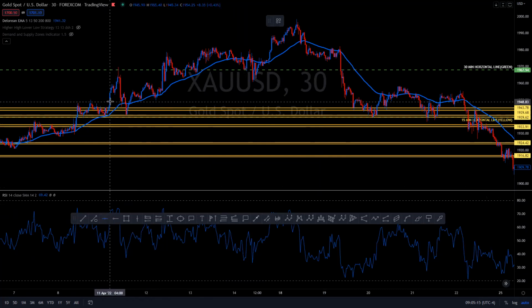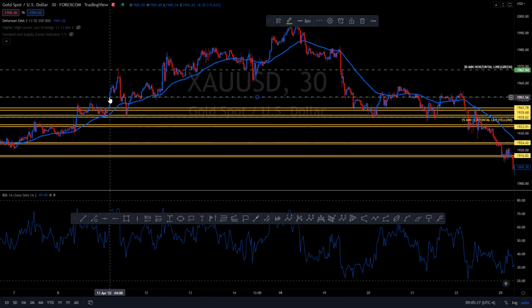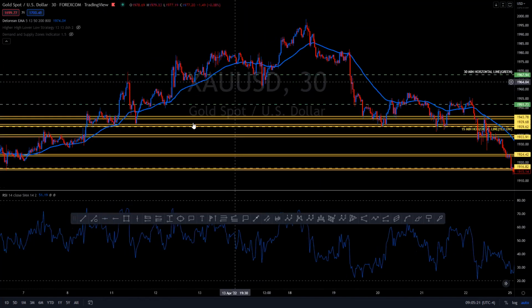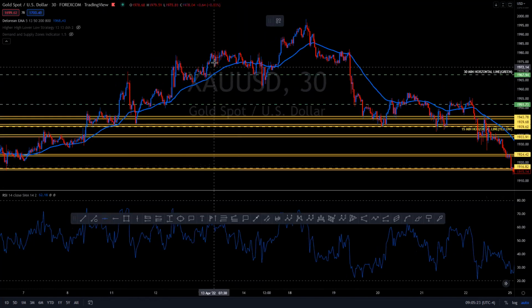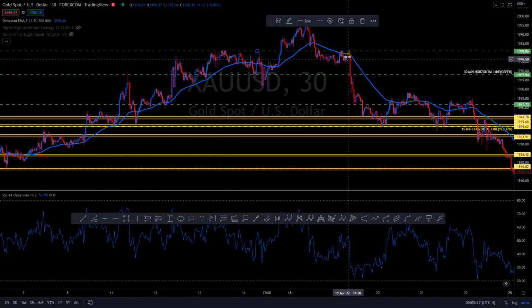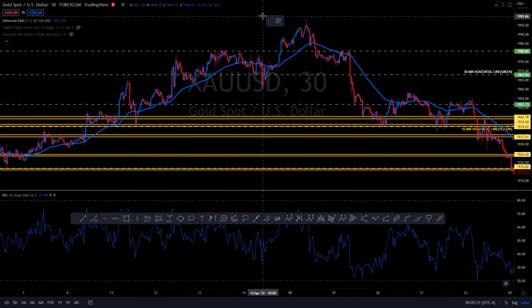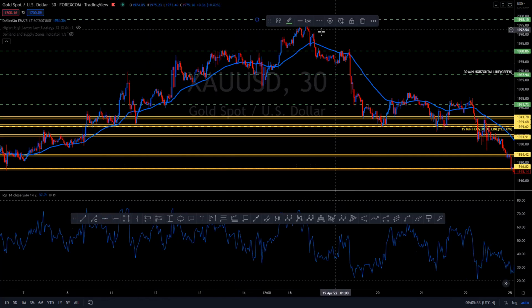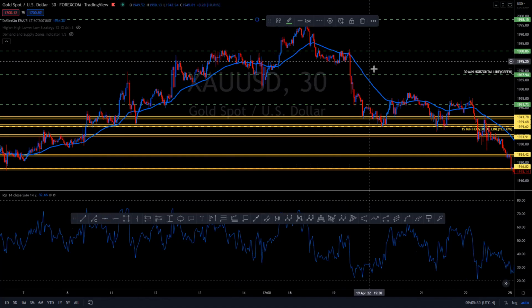Then I see another good valid demand zone here as well. And then price hit another supply zone here, made price shoot all the way down to here. And then we had another valid demand zone ultimately up here.